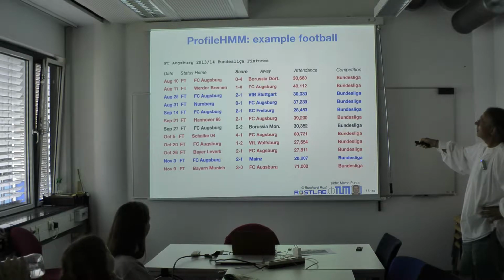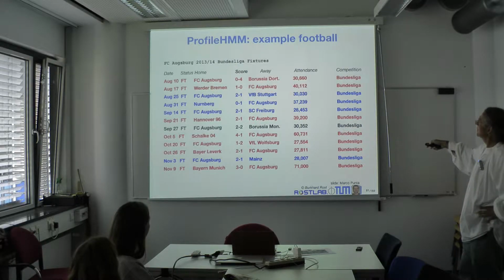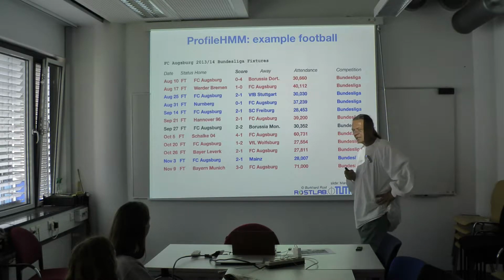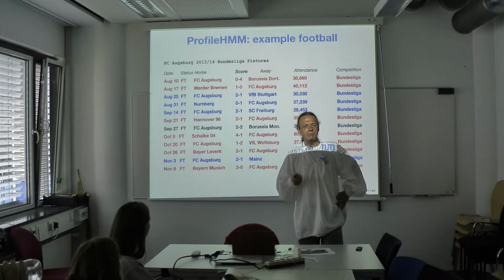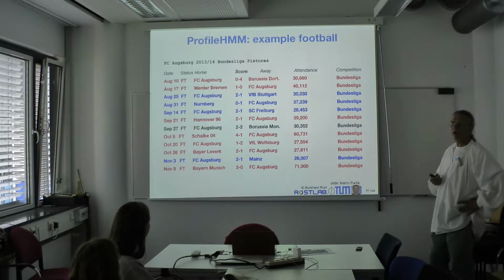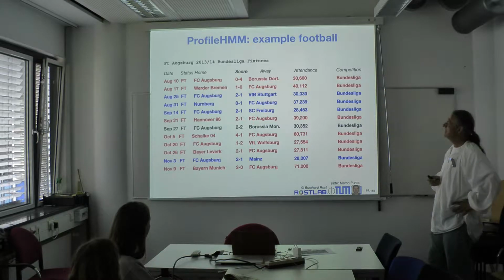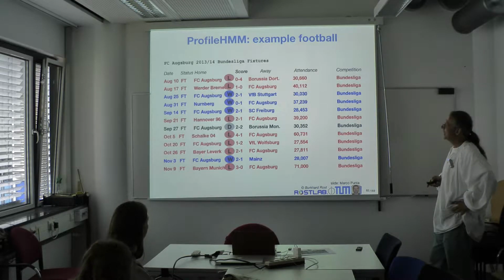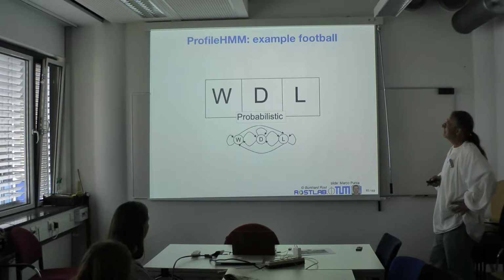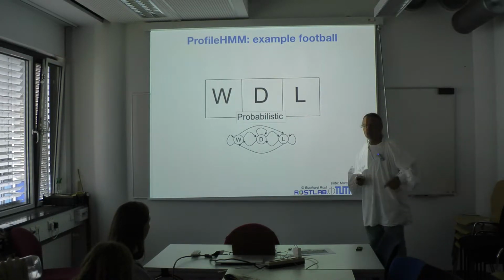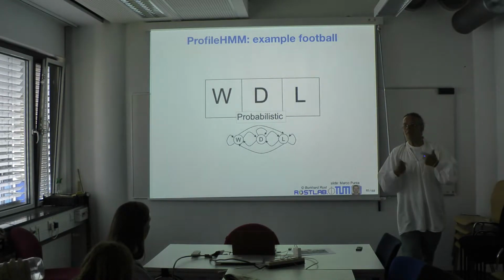Anyway, so you have some scores, and you want to predict. You want to have a model that predicts how Augsburg is going to fare in the next game. So predict essentially how Augsburg, in a particular pairing with any other team, will play. Here you look at the lose, win, and draw situations, and from whatever you do, you want to build a probabilistic model that allows you to compute what will be the next game.